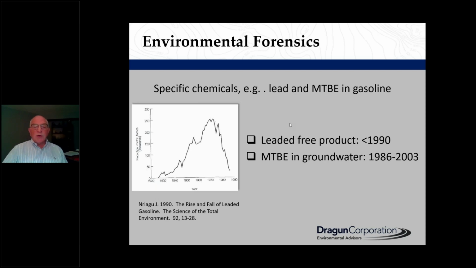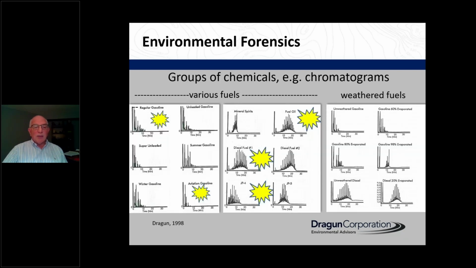We can also use groups of chemicals. You may have seen these. These are chromatograms. These are from Jim Dragun's textbook, where you could look at the output from the chemical analysis, and basically what you see are fingerprints of the various chemicals in a fuel, and you could identify whether you have, say, regular gasoline or fuel oil or aviation gasoline.